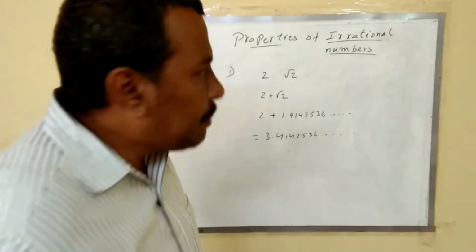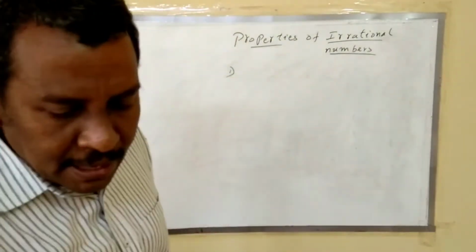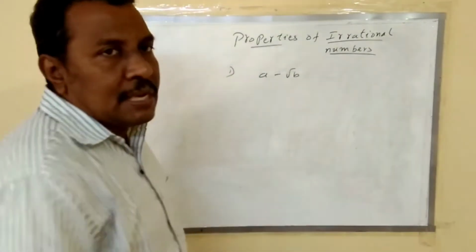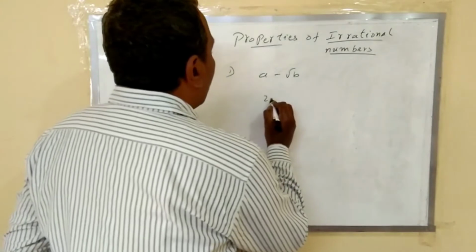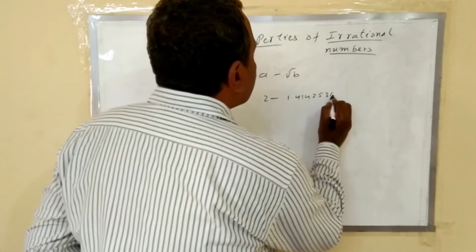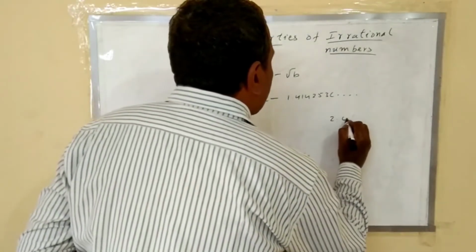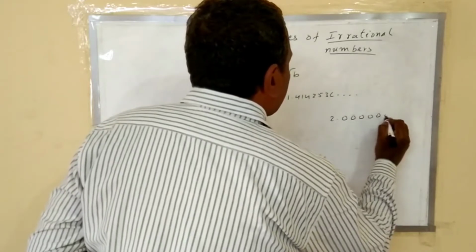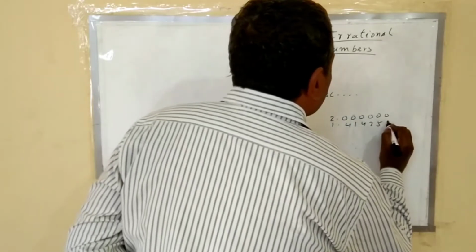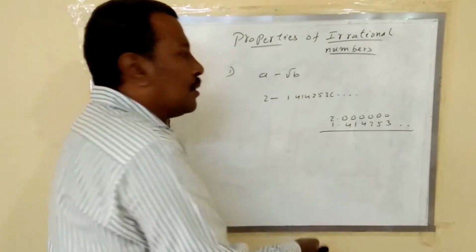And at the same time, the difference of a rational number and an irrational number, for example a minus root b, is an irrational number. 2 minus 1.4142536, and so on. If you subtract, what will you get?